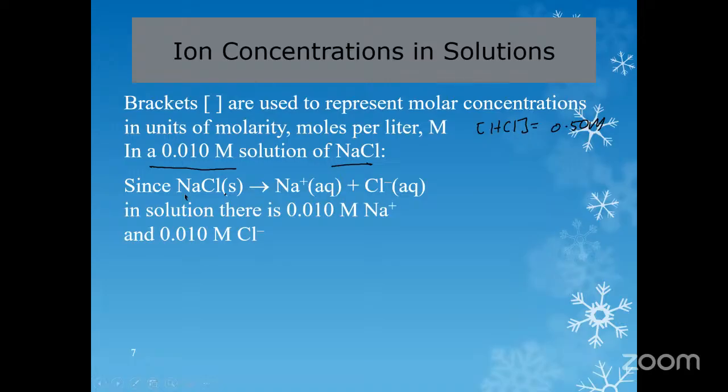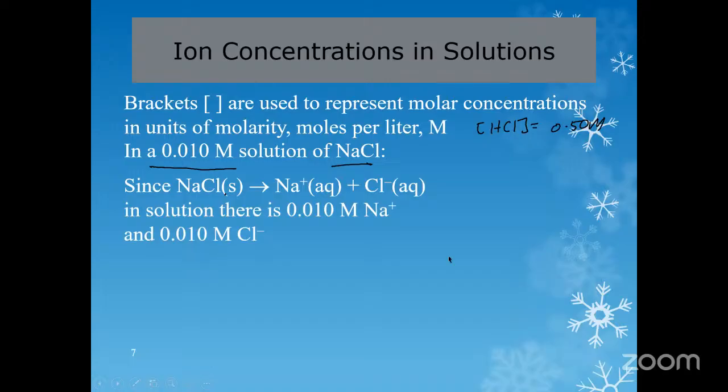Based on the stoichiometry of that dissociation, we can clearly see that whenever 1 mole of this dissociates, it forms 1 mole of sodium ions and 1 mole of chloride ions. So if the solution was originally 0.010 M sodium chloride, the concentration of sodium ions would be 0.010 M, and the concentration of chloride ions would be 0.010 M.